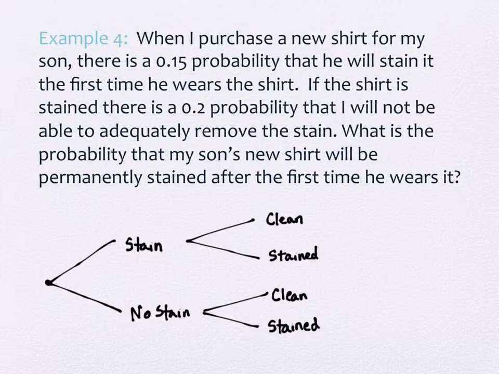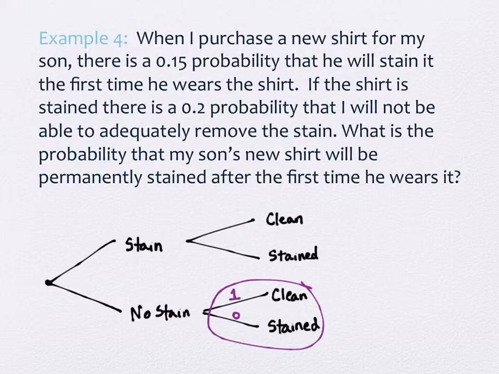So it feels a little bit funny, and if you want, you don't necessarily have to write this set of branches out, because it doesn't really apply. Do you see what I'm saying? There is a 1 probability that it comes out clean, and a 0 probability it comes out stained, from the context of what's happening. Are you with me? We're all good?